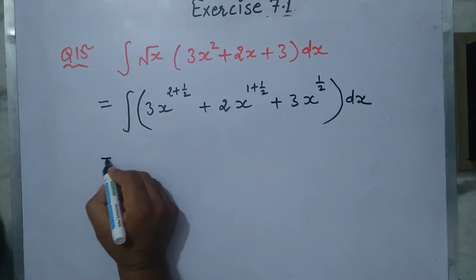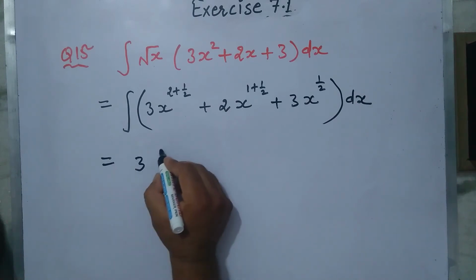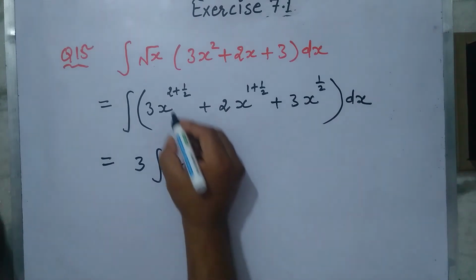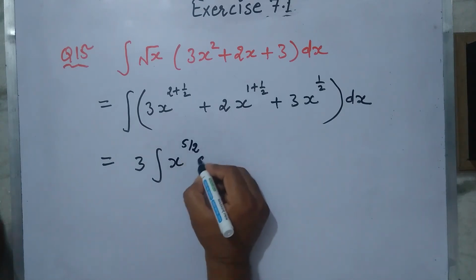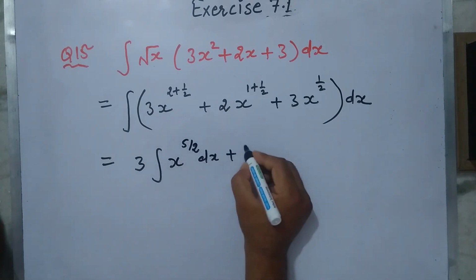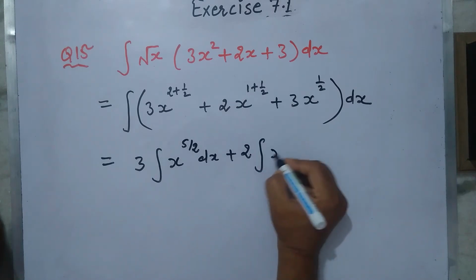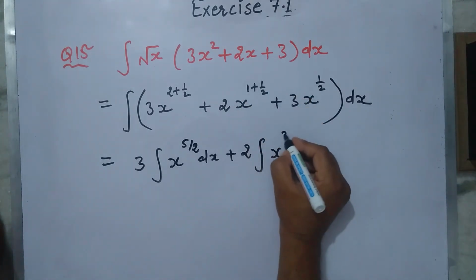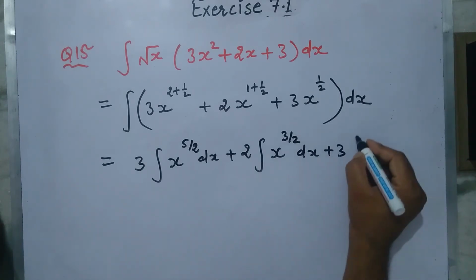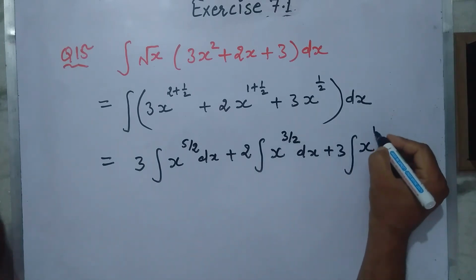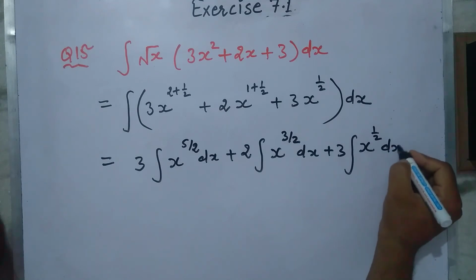So we have 3 x power 5 upon 2 plus 2 integration x power 2 plus 1 3 upon 2 plus 3 integration x power 1 upon 2 dx.